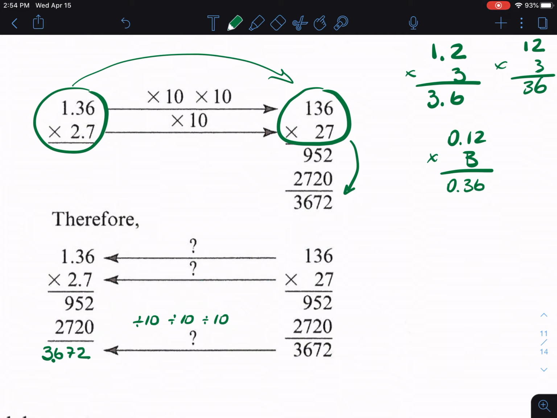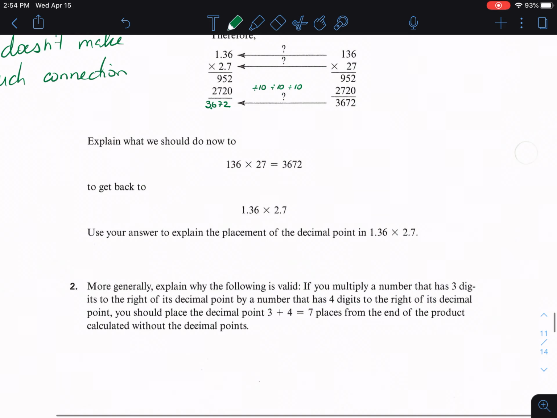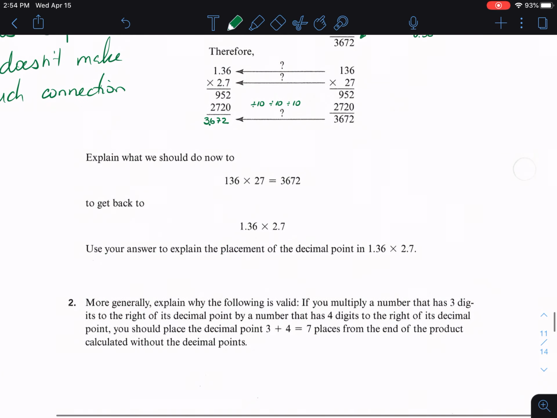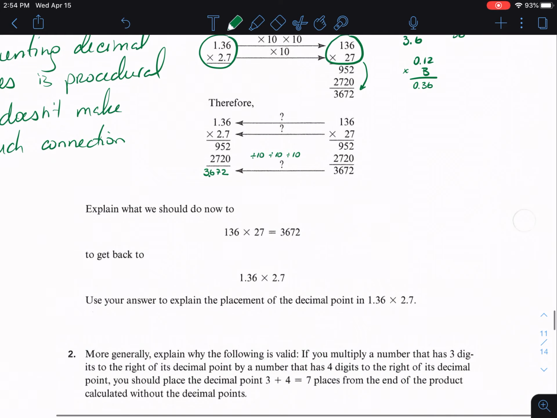This is kind of editing the place value of the number temporarily to make it easier to calculate, and then compensating for it at the end. However, there is an even better way, I think, a more conceptual way of multiplying decimals.